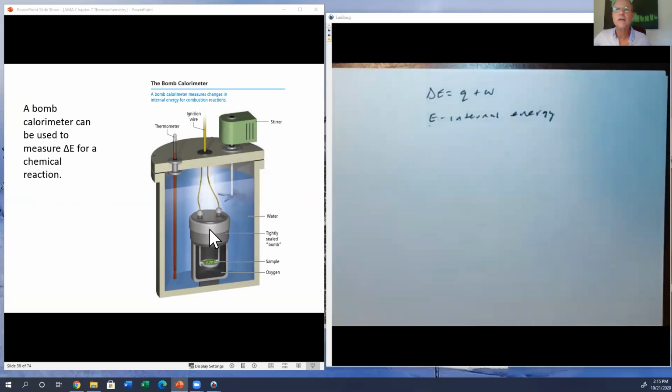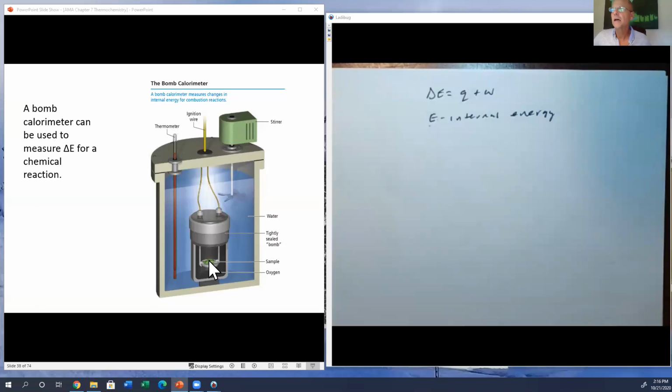And inside of that, you have what's called the bomb, which is a compartment that is airtight and cannot change volume. And then you have a sample that is undergoing some reaction, and usually, for example, combustion, you would ignite it and see it burn in oxygen, okay?